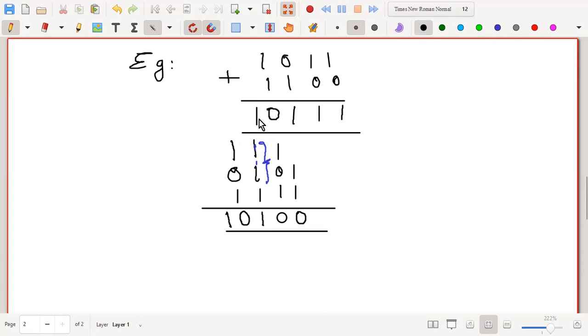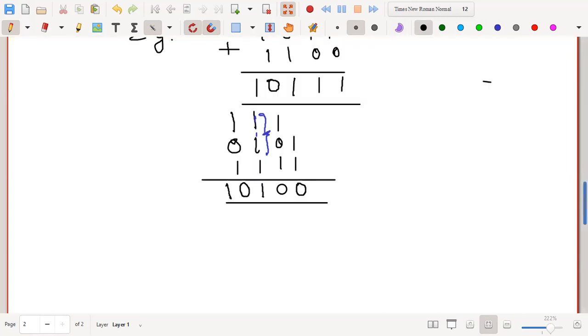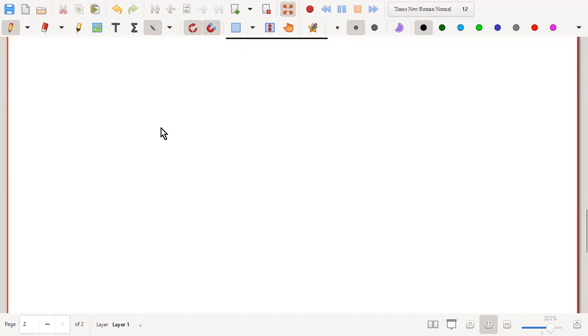Now let us go forward and see the binary subtraction, how we will do it. For that also, we will first write down the subtraction table. Okay, let me write down here, binary subtraction. Let me write down the table.